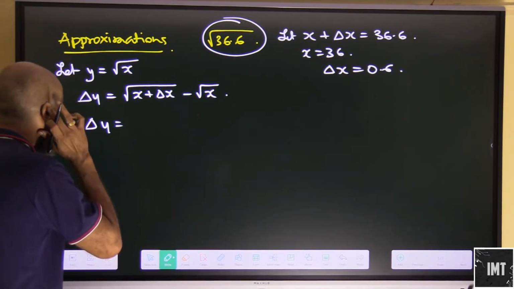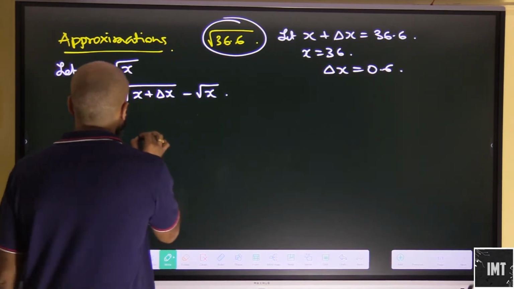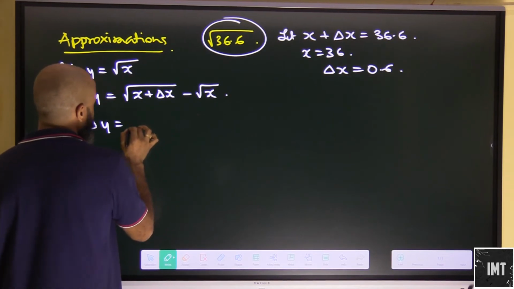Now delta y is equal to under root of x plus delta x minus under root of x.